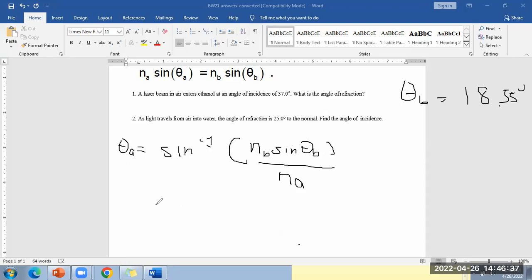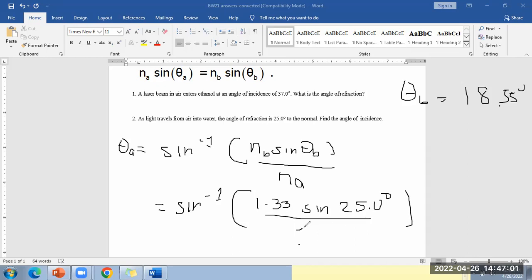Sabihin natin, this is sine raised to negative 1, for example. Ang N of B natin ay 1.33, tapos sine 25.0 degree, then divide 1.